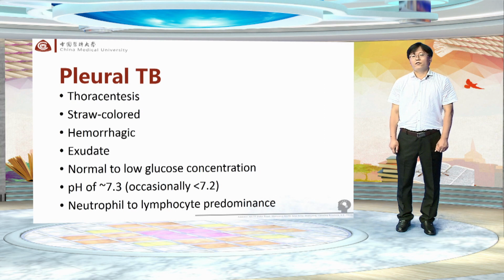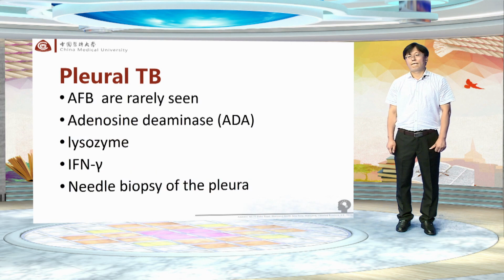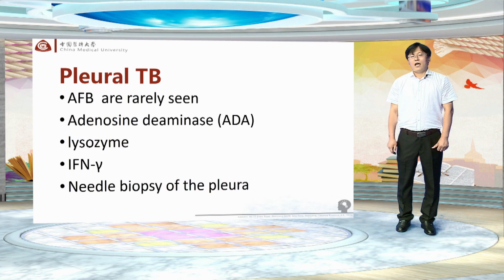We can find neutrophils, and we can also find lymphocyte predominance in the pleural effusion of pleural tuberculosis. Acid-fast bacilli are rarely seen in pleural effusion of tuberculosis, but we can find an increased level of adenosine deaminase.